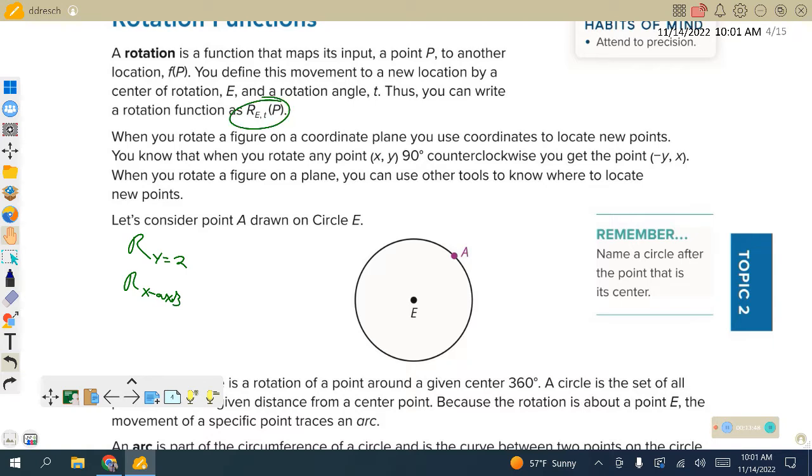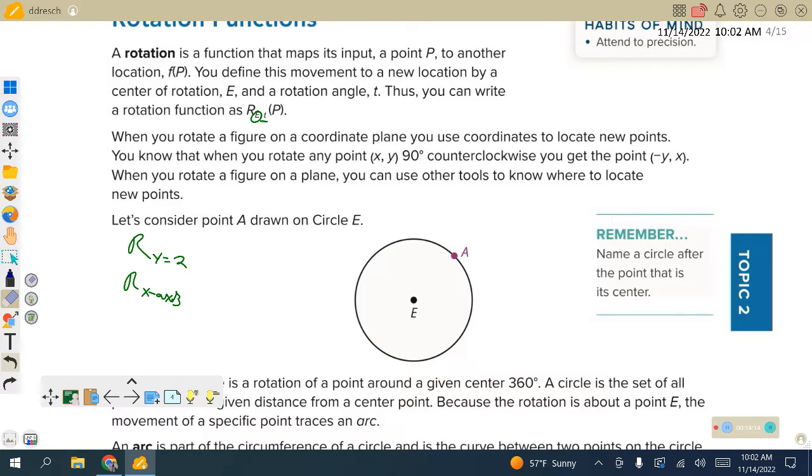But here with the rotation, you need to have two things. And those two things are, first off, what is the point of rotation? The ones that we just did, the point of rotation was about the origin. That is that E right there. What are you rotating about? And then you got to tell me, well, what is the angle of rotation? Are you going to do 90 degrees, 180 degrees, or are you going to do 45 degrees?